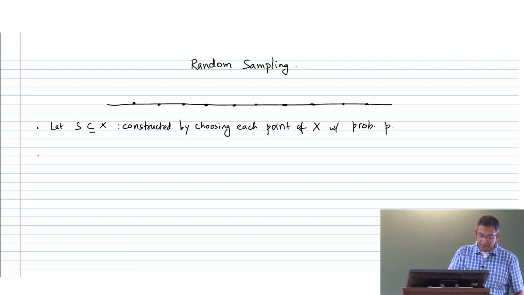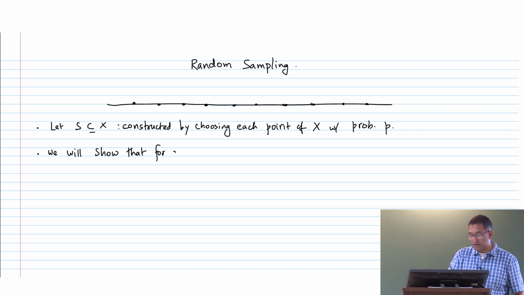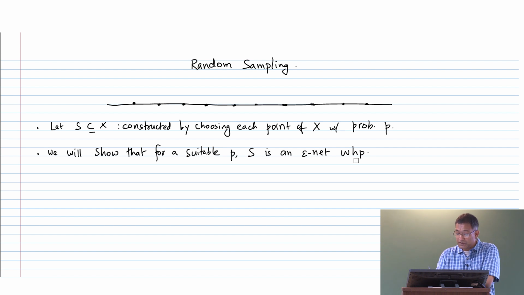Okay, so we will show that for a suitable P, S is an epsilon net, with good probability, and the size of the set S, the size of the epsilon net, is independent of n, as we want.